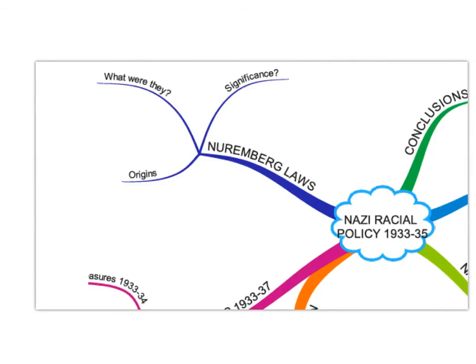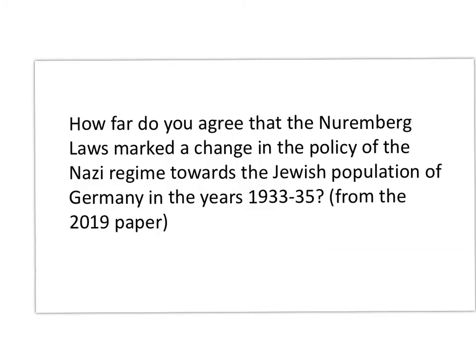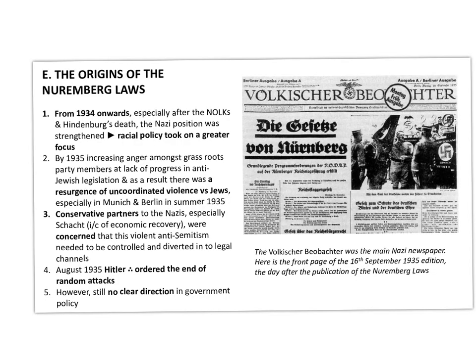So how then do we understand the Nuremberg Laws? What were they? What were their origins and why were they important? So again, just to remind you of that key question. From 1934 onwards, we start to see racial policy becoming of a greater focus.